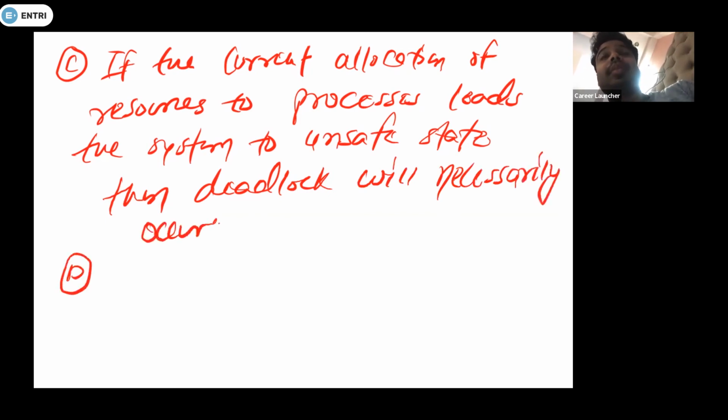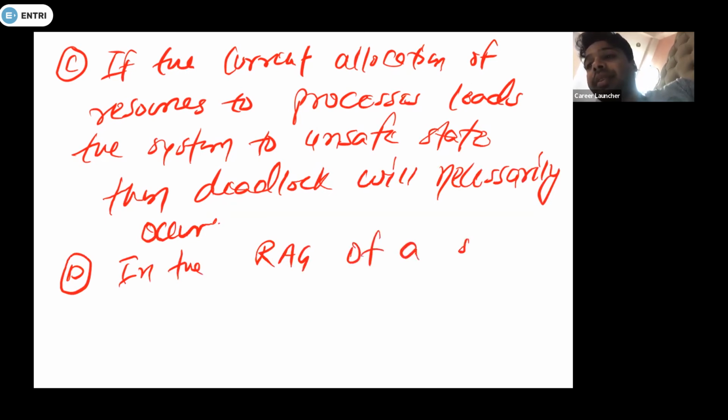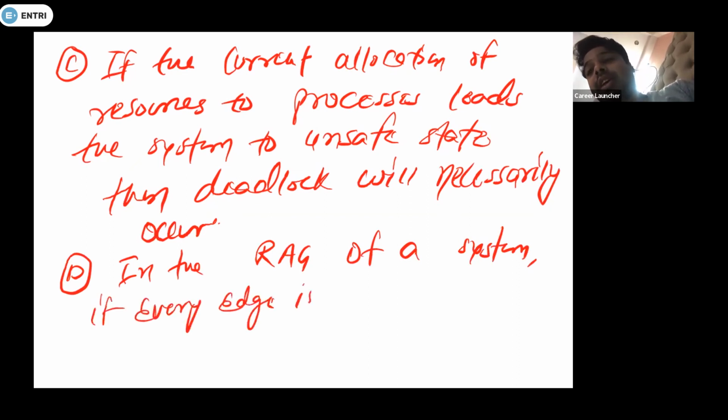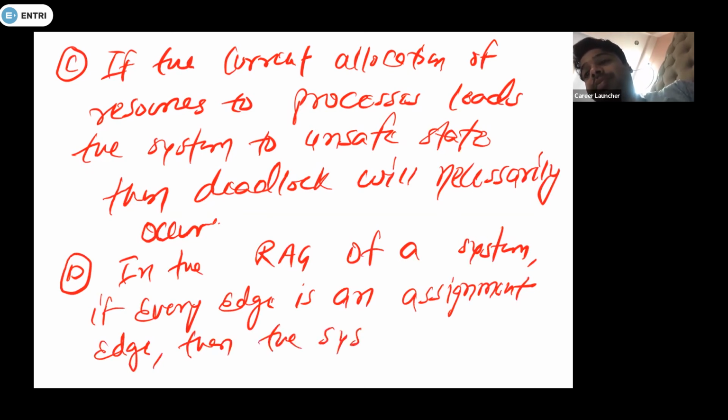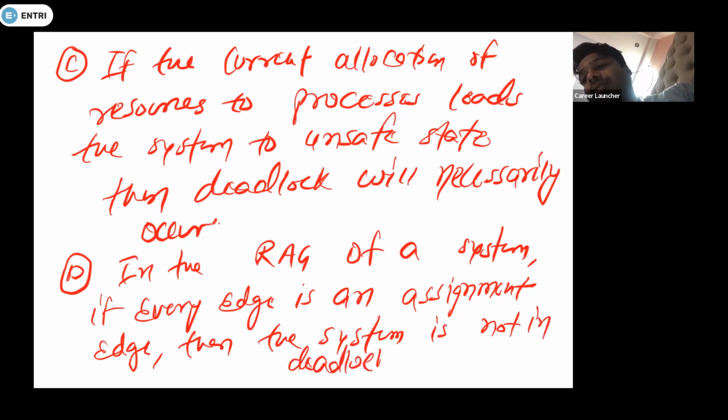And D: in the RAG, the resource allocation graph of a system, if every edge is an assignment edge, then the system is not in a deadlock state.